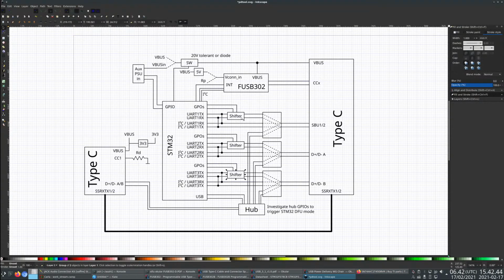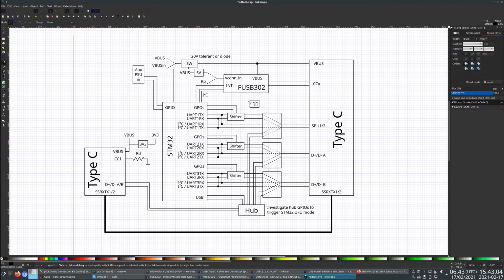And the supplies for the shifters, we're going to do the same thing you did. I think that's a reasonable solution, and it keeps it simple. So we're going to have an LDO, just call it LDO. It's kind of in the wrong direction, but I'm going to cheat and do it like that.